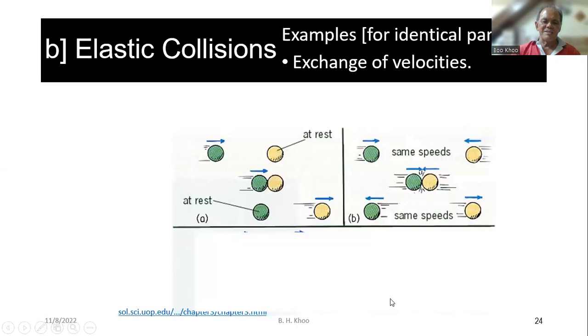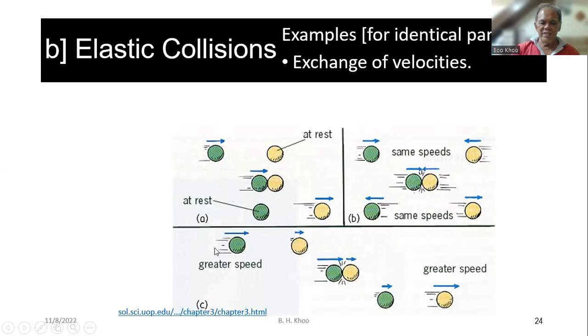Or other example, right? Exchange velocity. This is the case. A. This one is stationary, not moving. Move. Then the green one stops. Right? The kinetic energy is transferred to this one. Or they have the same speed, moving in different directions. After that, they rebound off with the same speed in different directions.